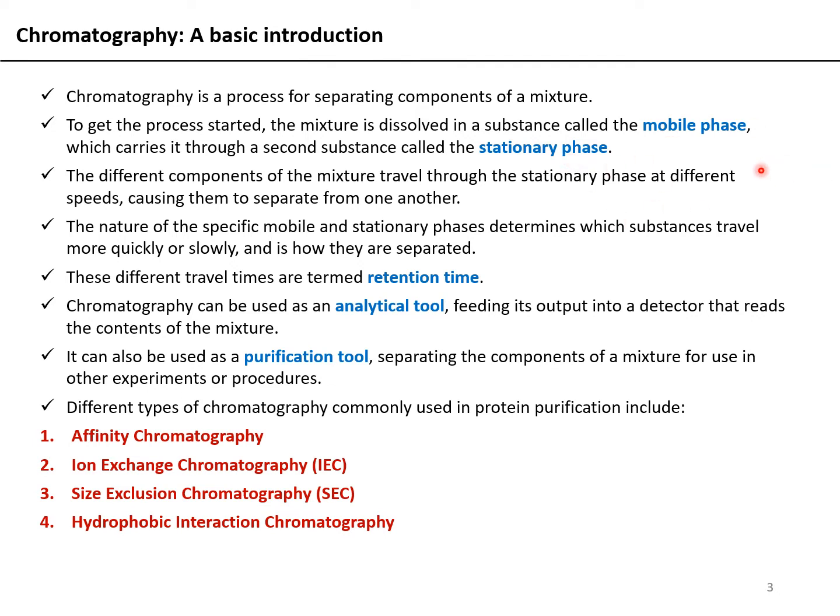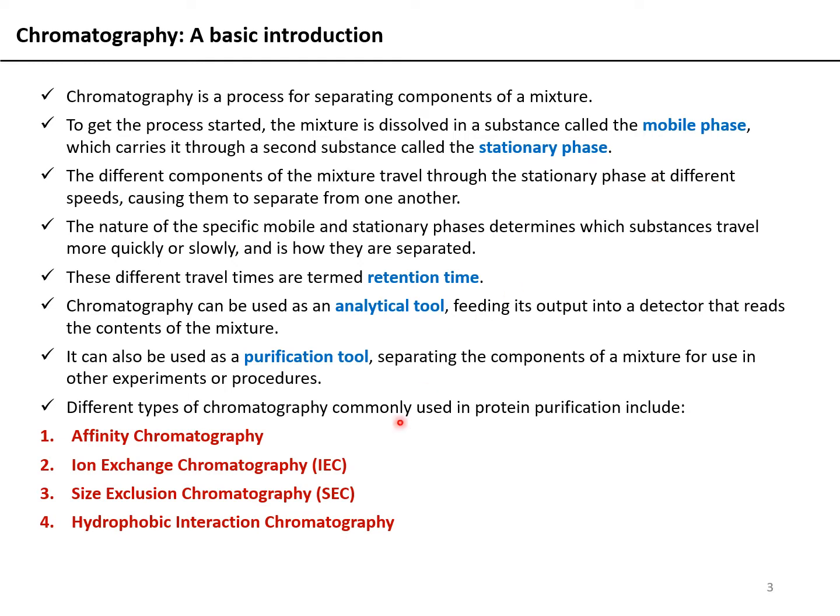Whereas in reverse phase, the stationary phase is actually non-polar in nature. So hydrophobic interaction chromatography is a type of reverse phase chromatography, because there is a reversal of the phase from usual, where the stationary phase is more non-polar.